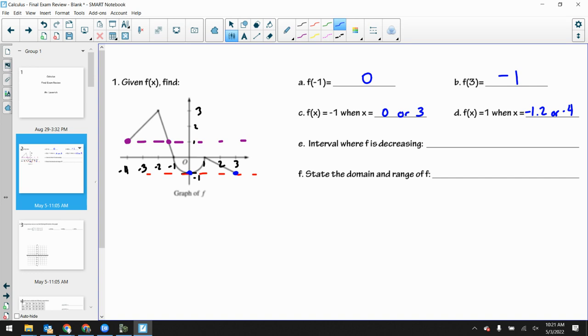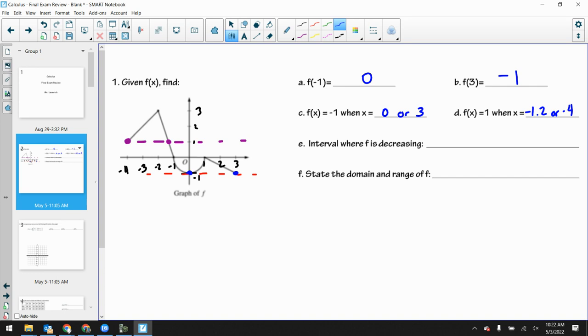It's interesting. We talked about increasing and decreasing way back in chapter 1, but we really didn't know what the implications were of it yet, right? We know that where the interval is decreasing, the slope is negative, which means the derivative would be negative as well on all of these pieces here. So it looks like it starts going down from -2 and then stops going down all the way at 0. I know something weird happens at -1. It kind of shifts a little bit. It looks like there's a little bit of a corner point there at -1, but I really don't care because it's still decreasing, right?